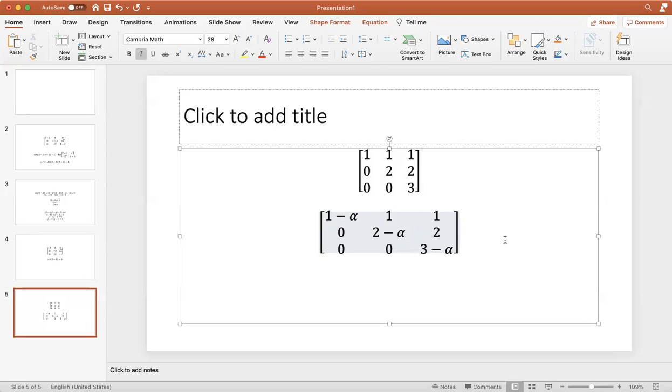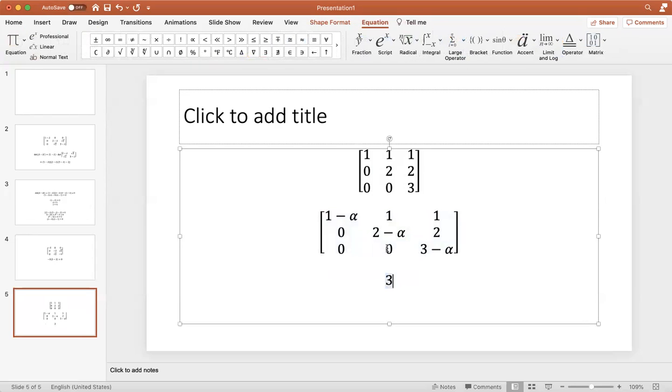Okay. So for convenience, we can just use this third row. That's going to be 3 minus alpha, times the determinant of the matrix obtained by deleting the third row and the third column.